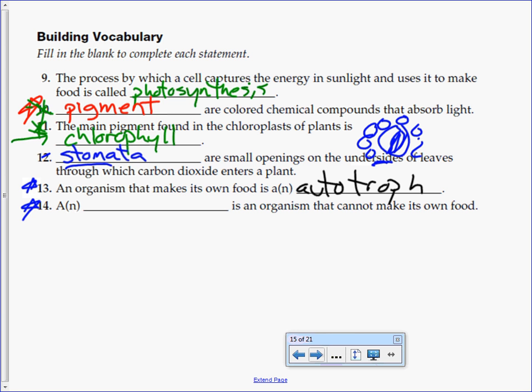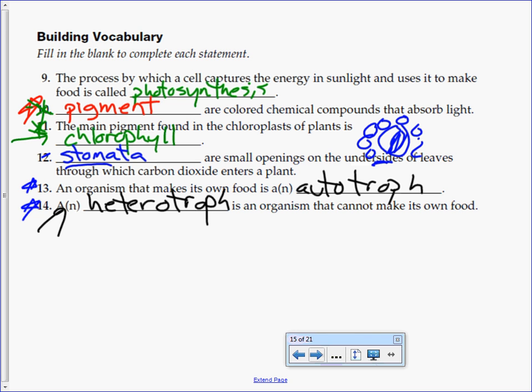There are a few other ways living things make their own food, but we talked about this. Plants make their own food using the energy from sunlight. And then the rest of us eat other things because we can't make our own food. And what are we called? Heterotroph. Hetero means other, so other food source.